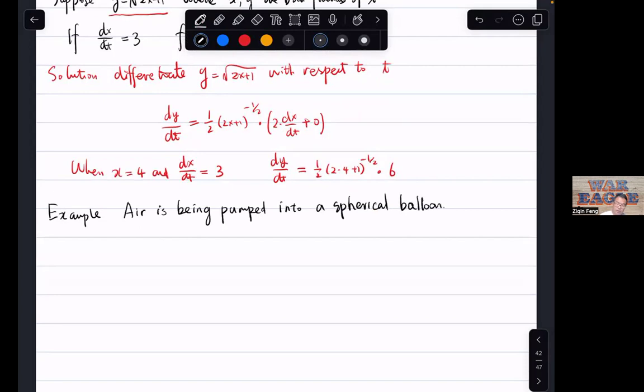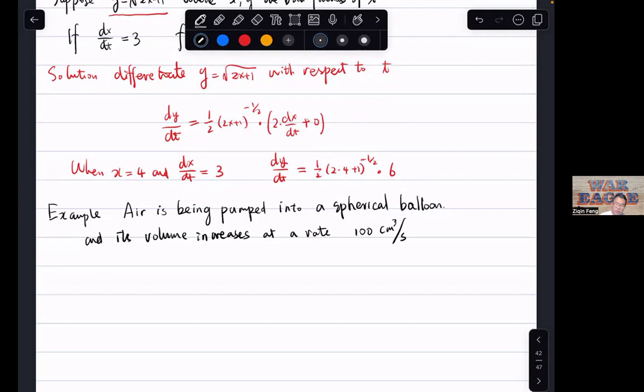Its volume is getting bigger and bigger, increasing at a given rate of 100 cubic centimeters per second.